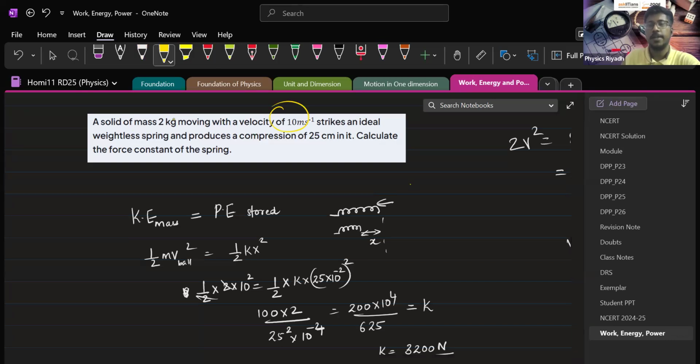Whenever something is moving with a certain speed, it has kinetic energy. Now, where is this kinetic energy going? It is getting transferred in the form of potential energy, because the ball is compressing the spring. So when the ball compresses the spring, it transfers its kinetic energy into the potential energy of the spring. That's why I can equate them: the entire kinetic energy is converted to the potential energy stored in the spring.